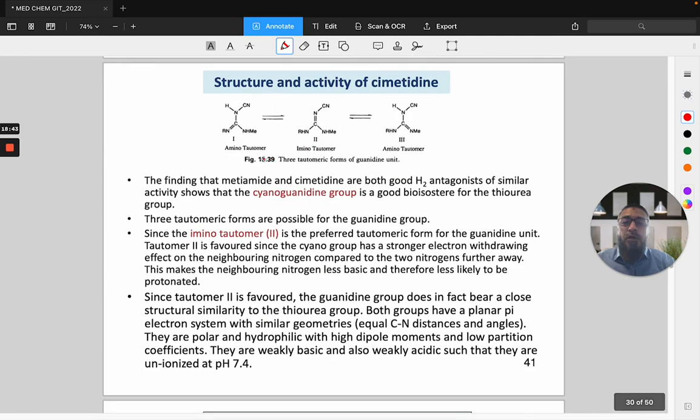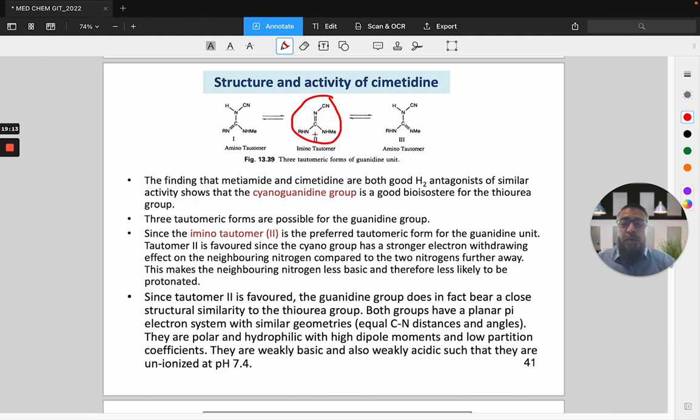Generally, out of these tautomeric forms, the imino tautomer and the amino tautomer, this number 2 is the most preferred tautomeric form of the guanidine group, since the cyano group is a strong electron withdrawing group on the neighboring nitrogen compared to the other nitrogen which is farther away.